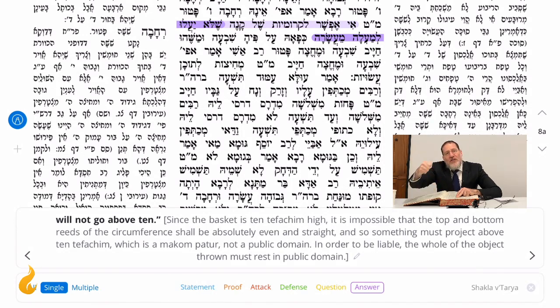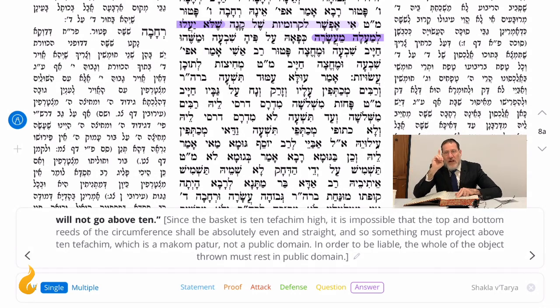If all of the keli landed in the other domain. If even only part of the keli is above 10 tefachim, protruding above the domain, you can't say that it landed into the Reshus HaRabim. Some of it did, 99% of it did, but 1% did not. And if the entire keli did not land in the other domain, you're right, not chayav.